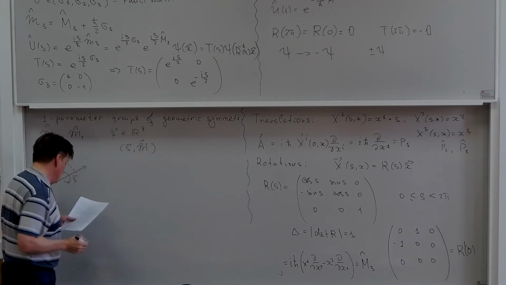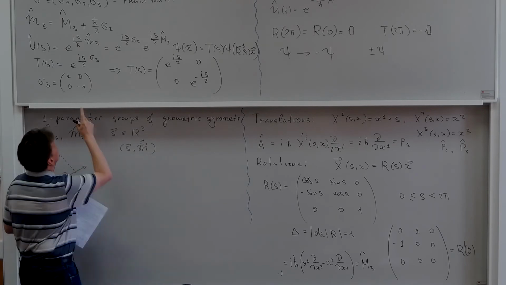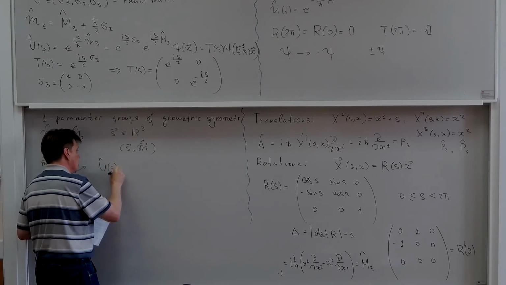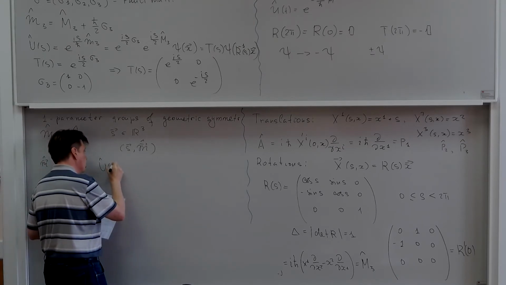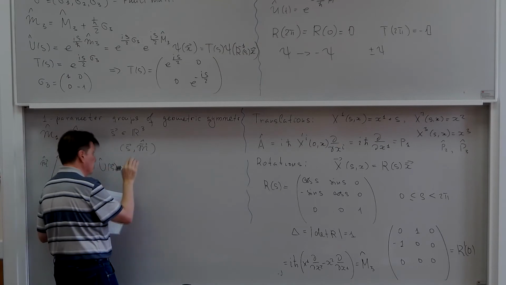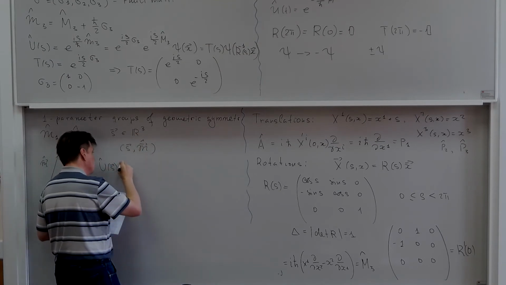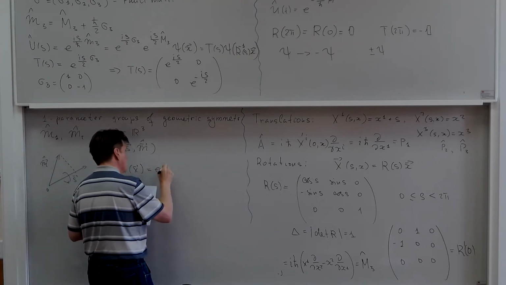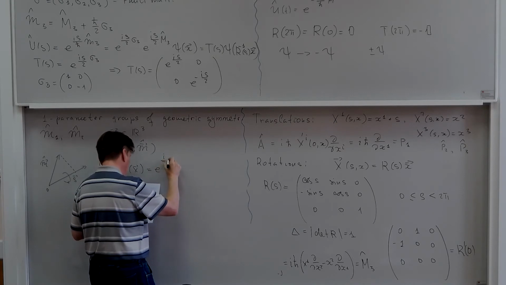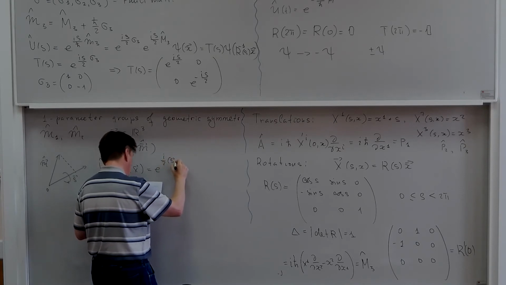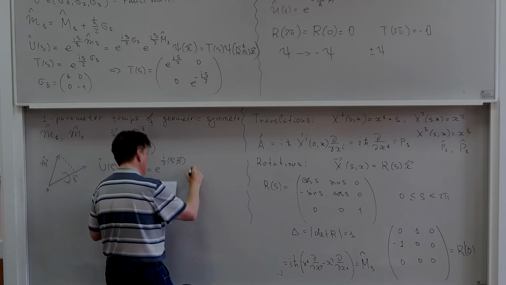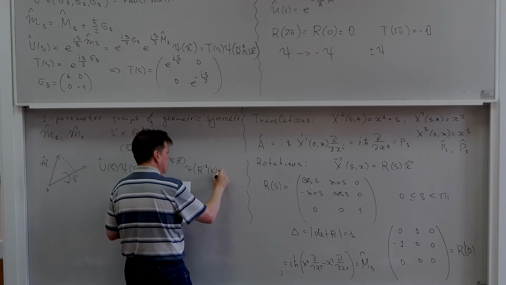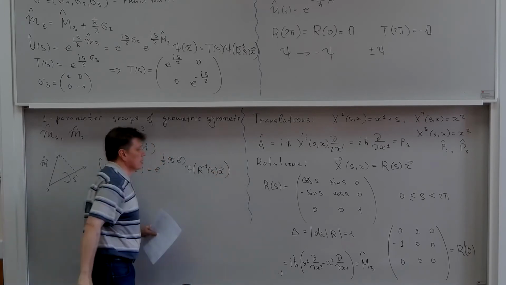The corresponding symmetry transformation of the spinor wave function is given now by the formula U of S. S now is a vector, has three components. U(S) psi of x is given by exponential i over 2 S dot sigma, psi of R to the minus 1 of S acting on x.